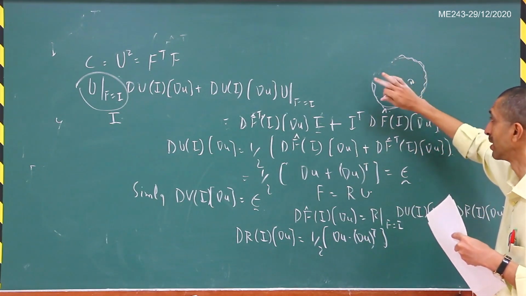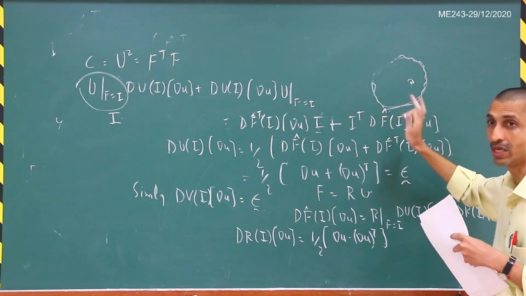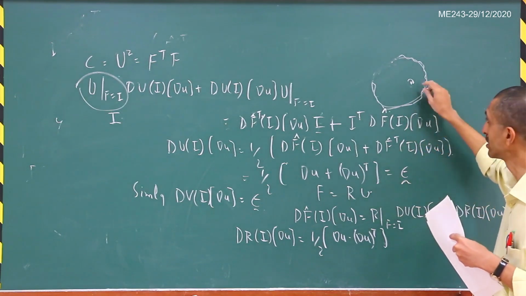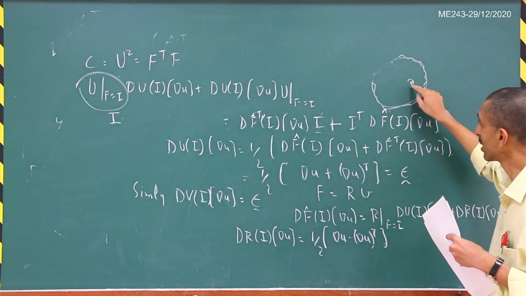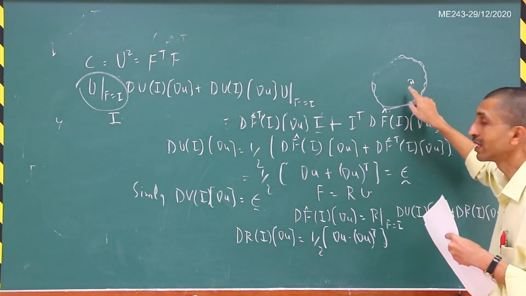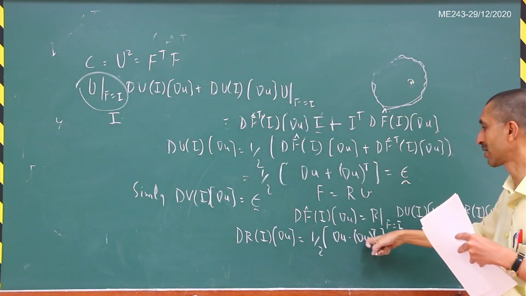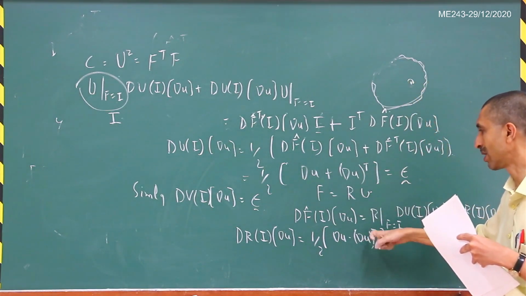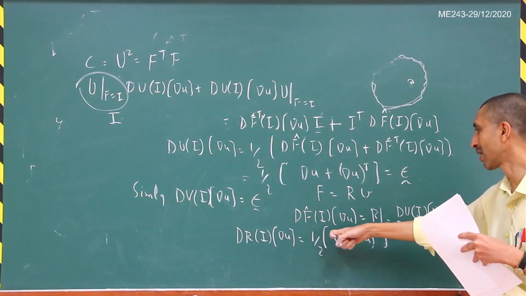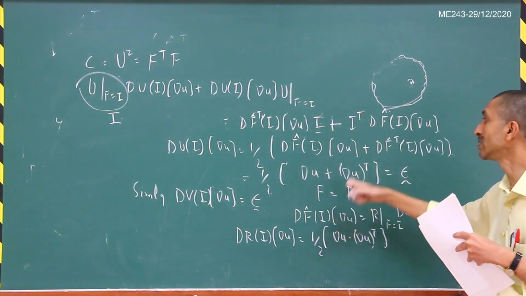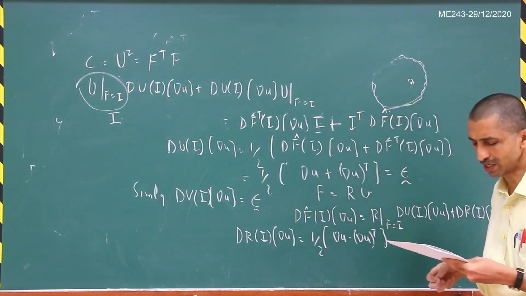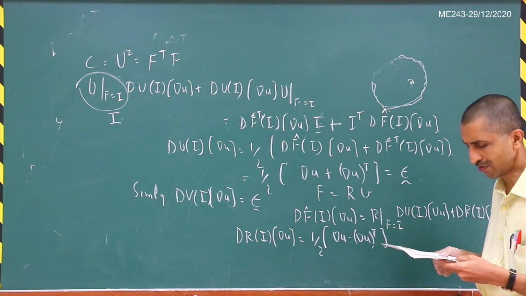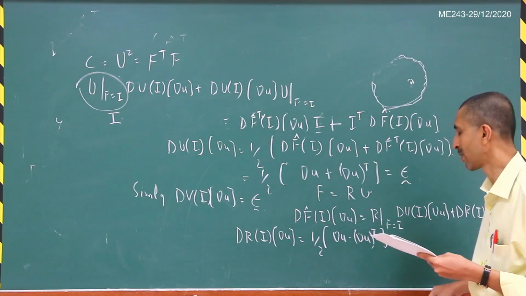The whole body need not be rotating, but this is a measure of how much an element is rotating at each point. That is D of R in the direction of ∇u. Fine. Then what about det F?